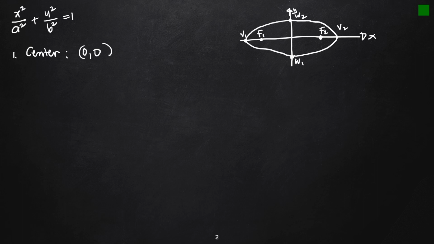From here, the distance from our focus to the center of our ellipse is C, and so is this.